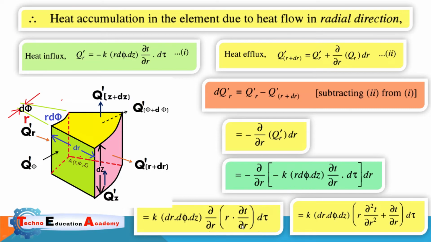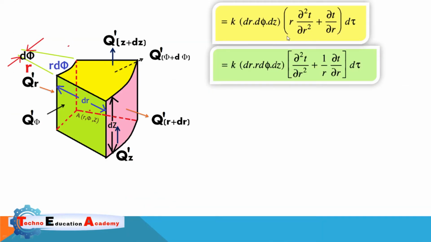Then the second term remains as it is, and the derivative of the first term r is 1. So the simplification of this equation is k into dr into d phi into dz in bracket r into del square t by del r square plus del t by del r into d tau. Continue from previous slide.